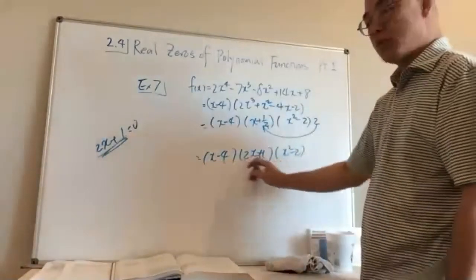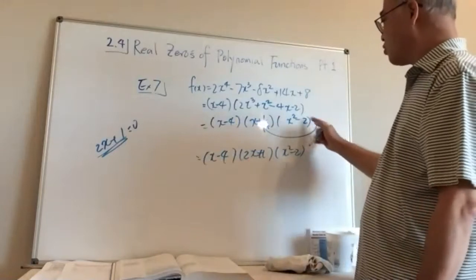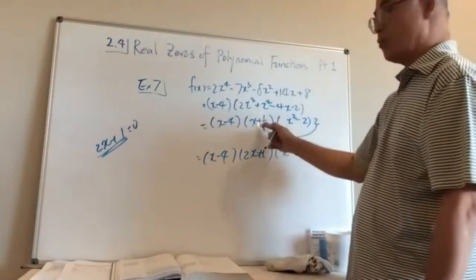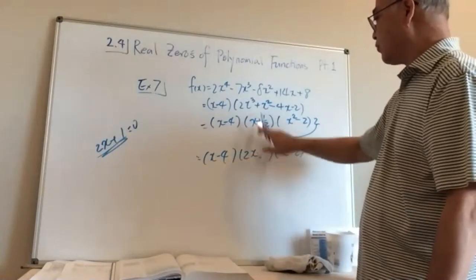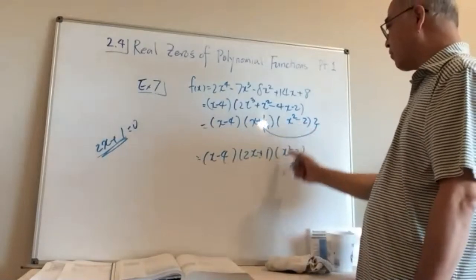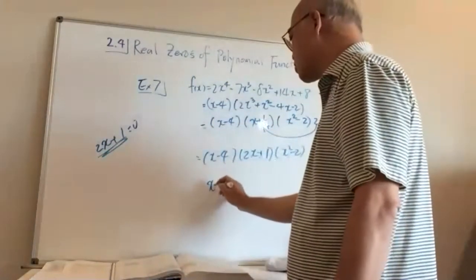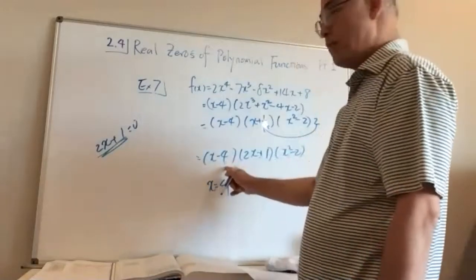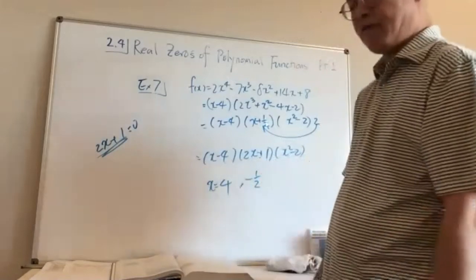Okay, but the 2 came out from here too, I can go ahead and put it back in here, right? So I get 2x plus 1, right? And what I have left over is x squared minus 2. So my answers are what? x equals 4 from this guy. From this guy, I get negative 1/2.